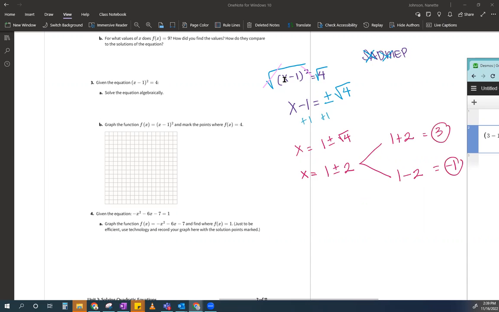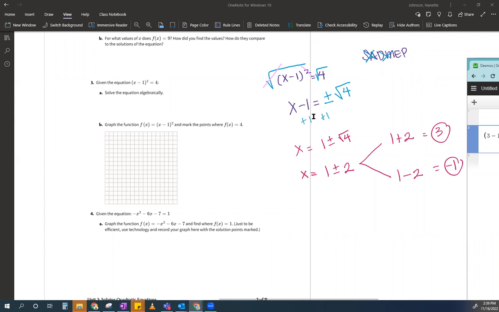Why did I take the square root? No worries, you're fine. We're all learning this together.